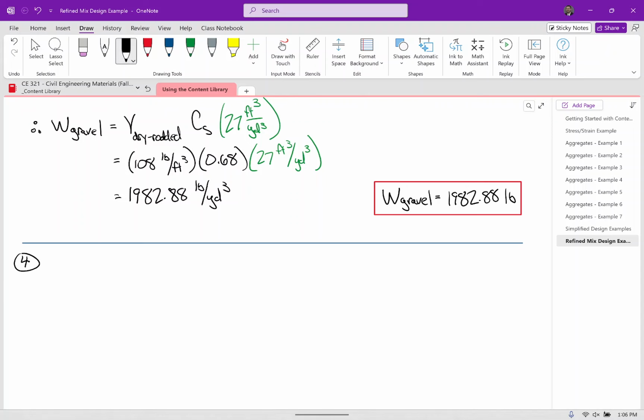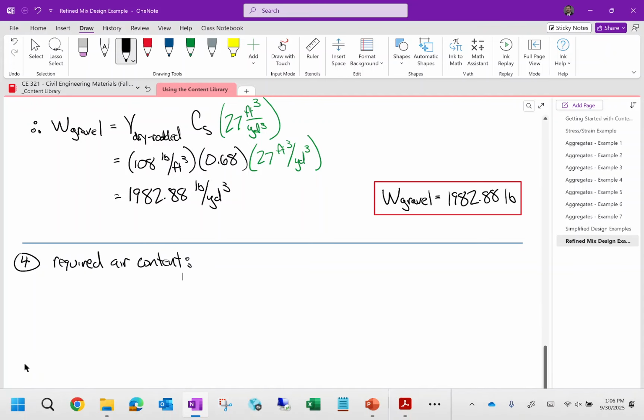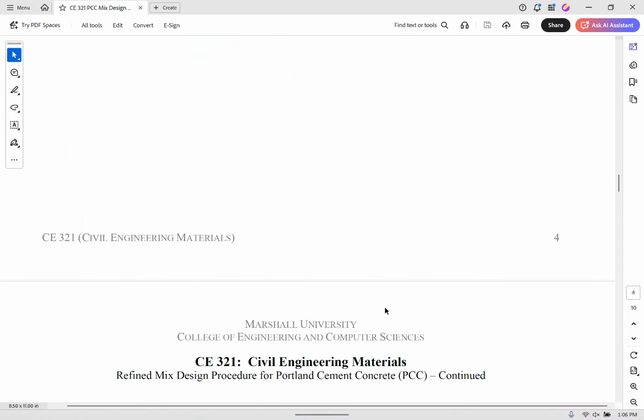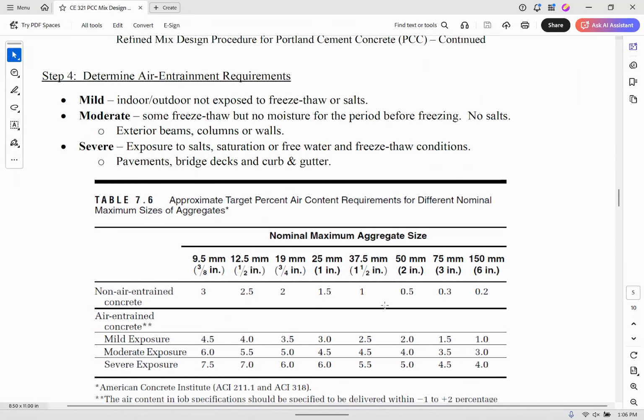Bear with me, we're getting there. Step 4: our required air content. Okay.